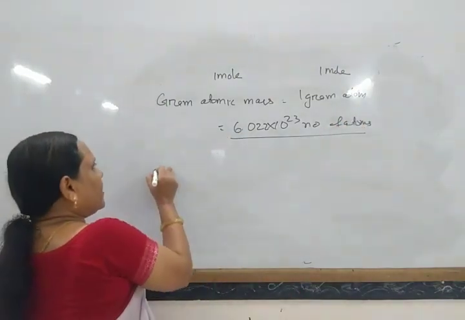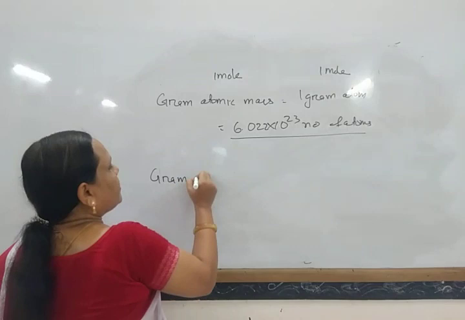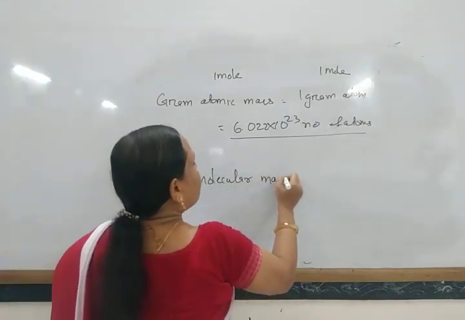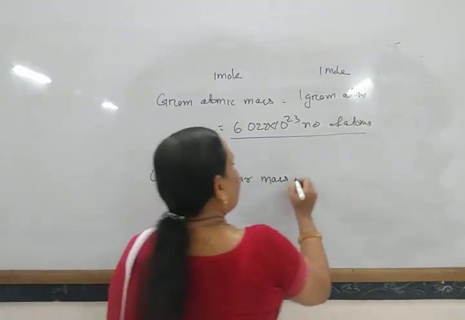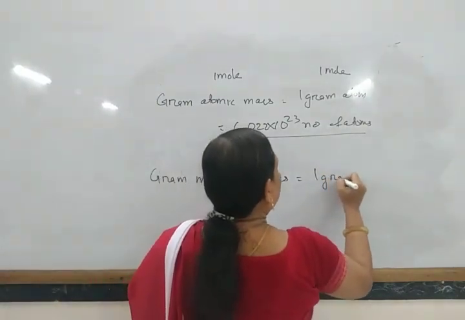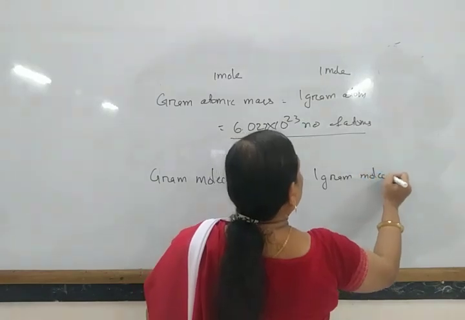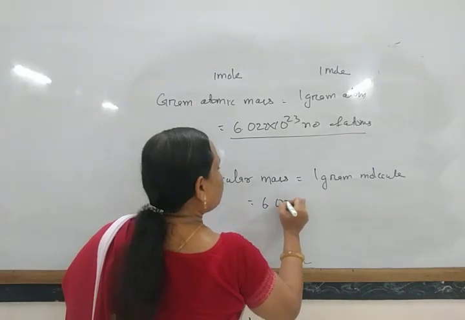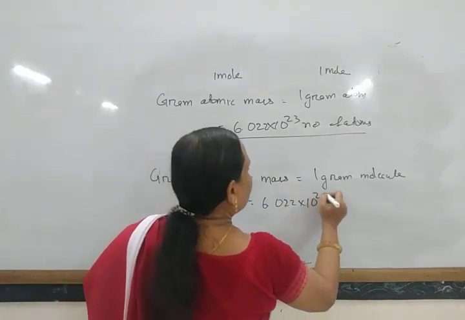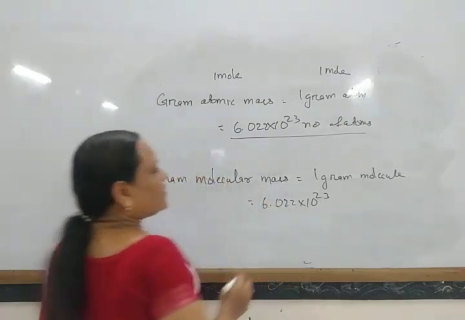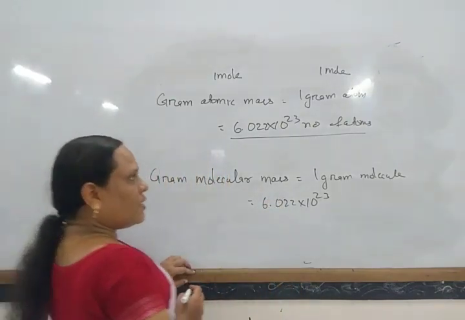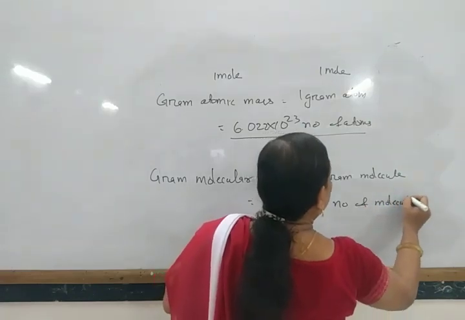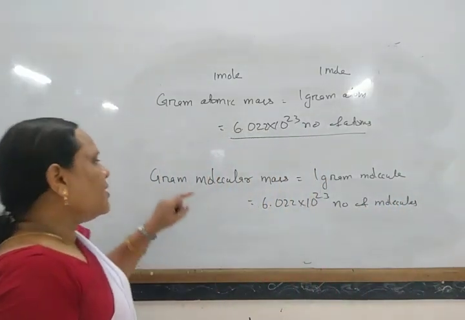Similarly, another term I told you is gram molecular mass. This is also called 1 gram molecule, and it contains 6.022 × 10^23 molecules.